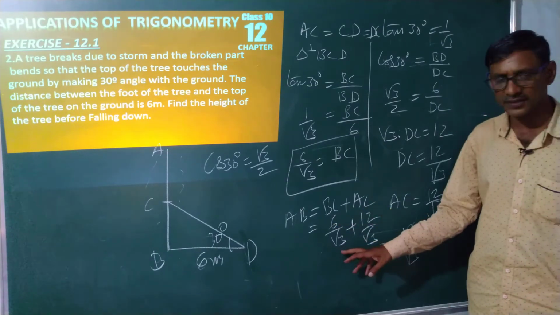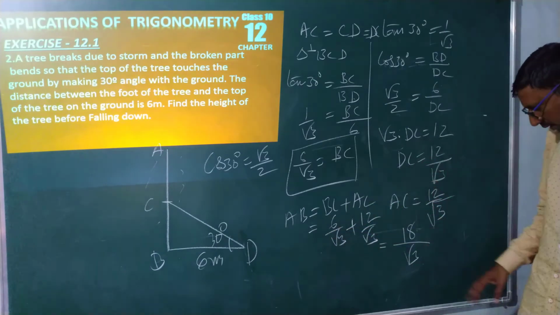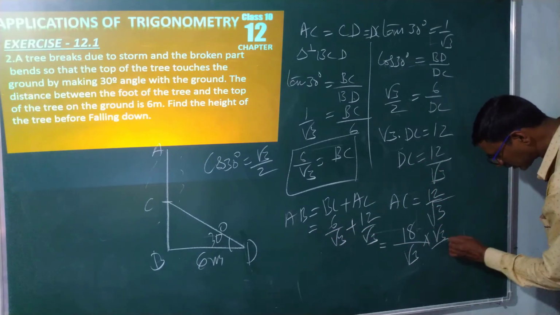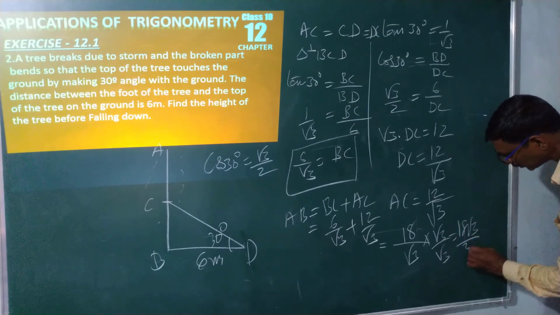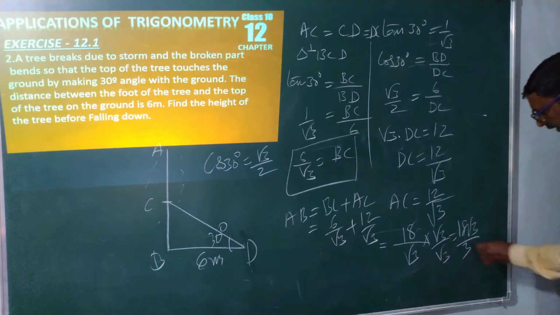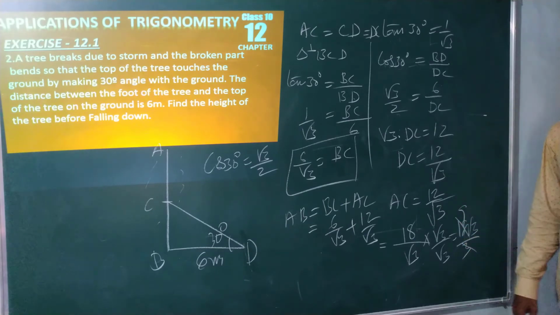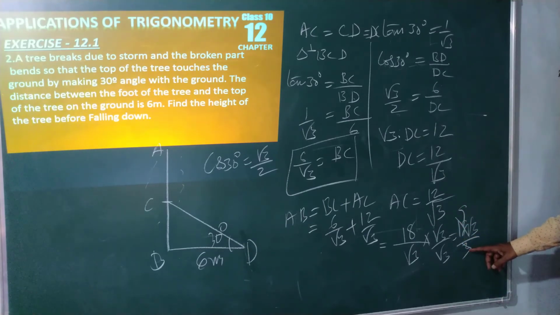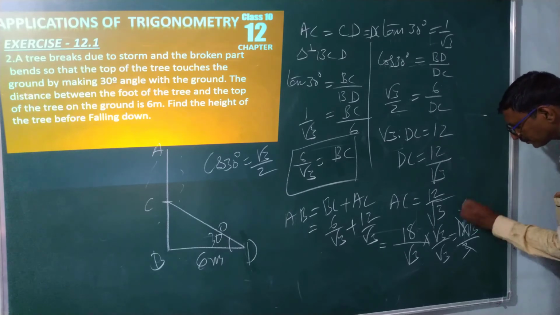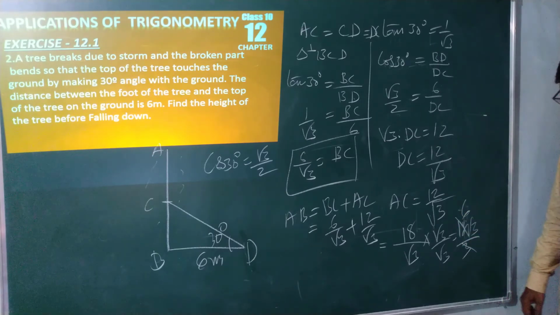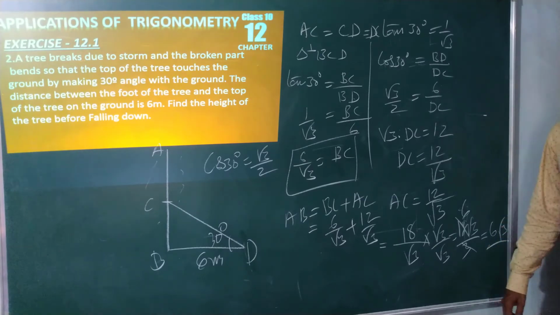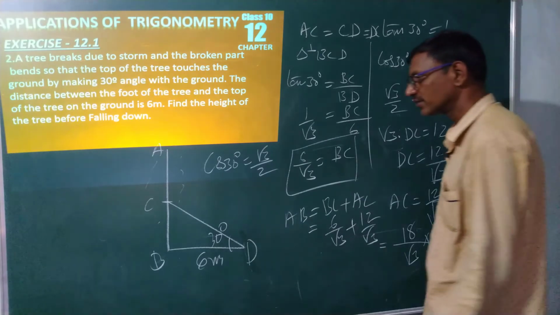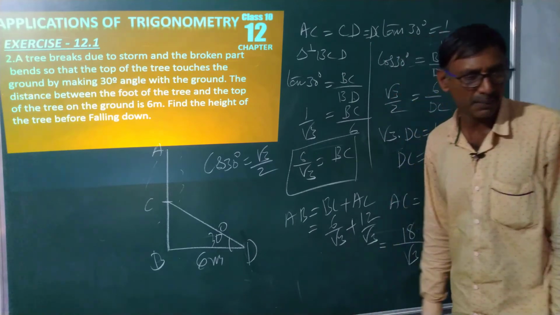Because denominators are equal, we can add the numerators. By rationalizing this, we get 18 root 3 by root 3 times root 3, which is 3. 3 sixes are 18. That is equal to 6 root 3. So the height of the tree is 6 root 3 meters.